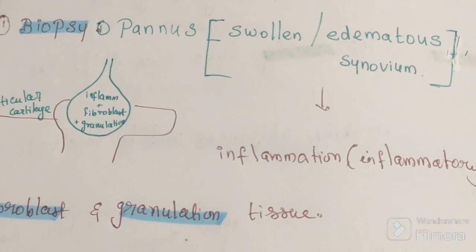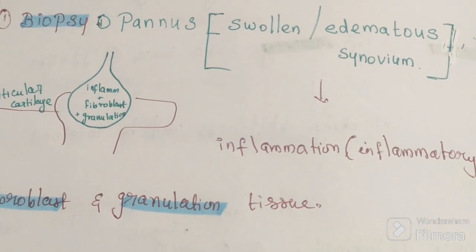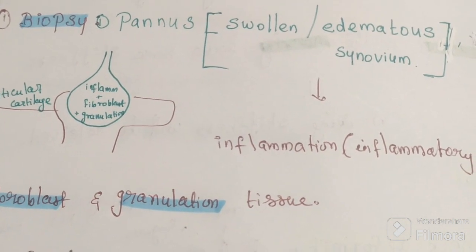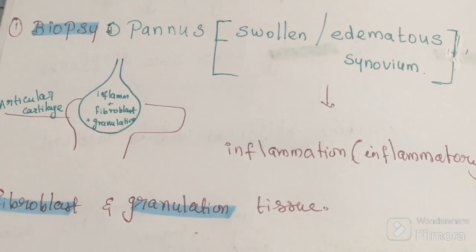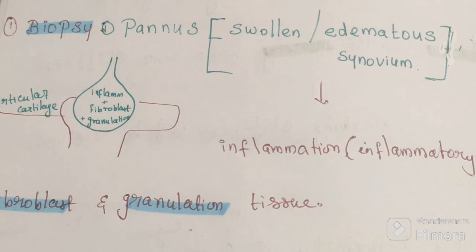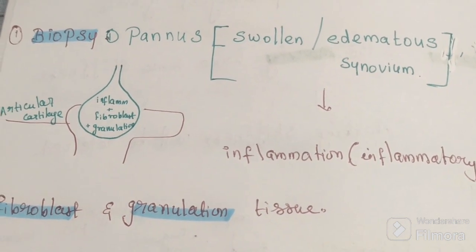They overlie the articular cartilage, causing erosion and then destruction of the articular cartilage.